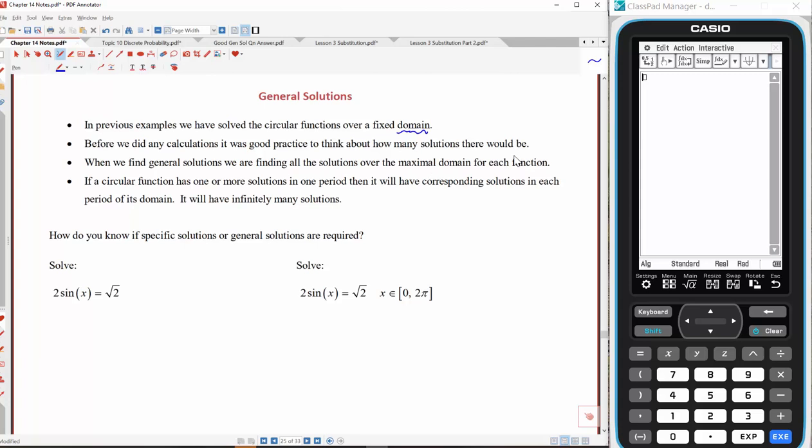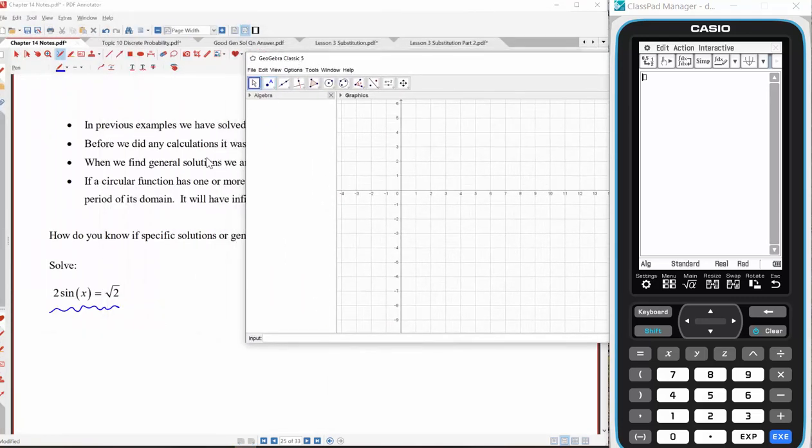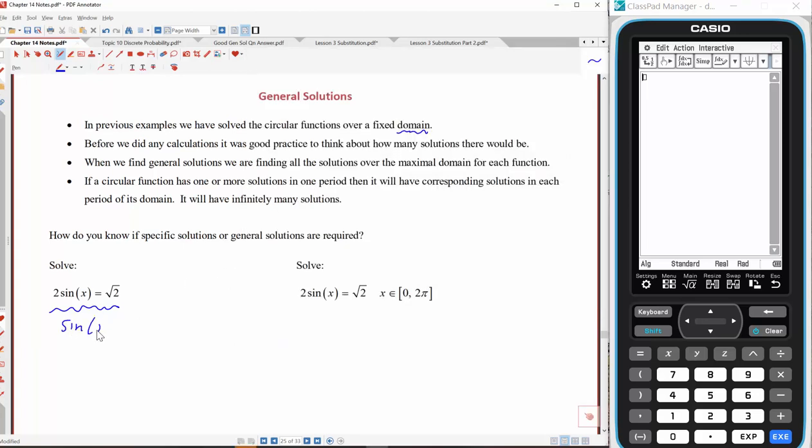Now, that's pretty difficult in this first case to list all of the solutions, because if we look at this problem graphically, what we'd be doing is solving f of x equals sine x, which would be the same as finding out sine x equal to root 2 on 2.